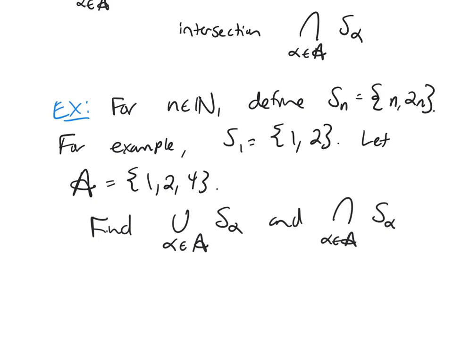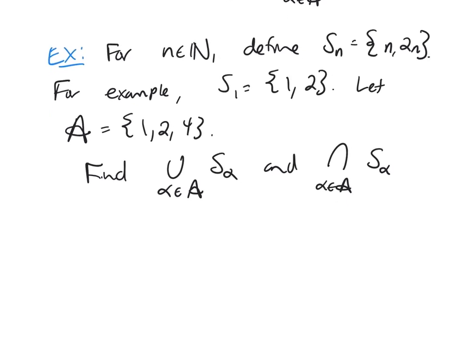So let's start with the union. Here alpha represents an element out of the set A. So I go back to my set A and I'm going to consider every element in this set. Let's start with 1.